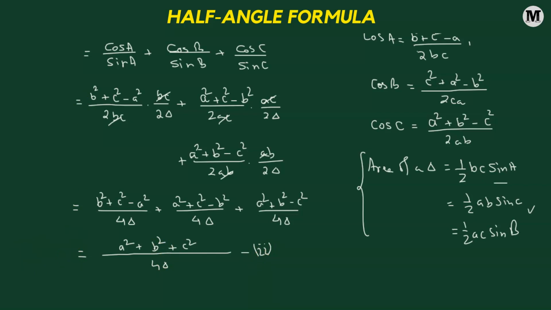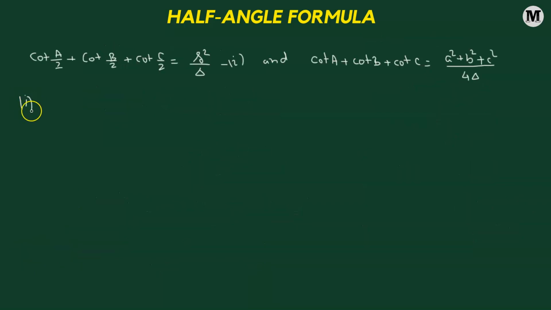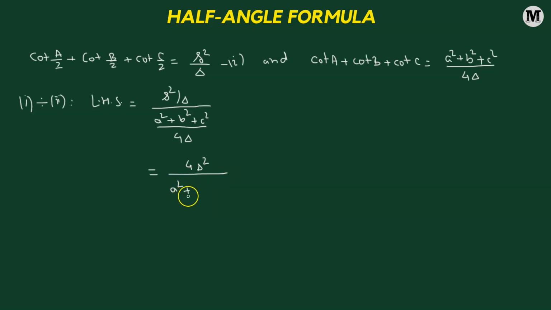Now what we'll do is divide 1 by 2. Let's divide 1 by 2, and this is going to give us the left hand side. On the left hand side, we now have (s squared over delta) divided by (a squared plus b squared plus c squared) over 4 delta. This will be equal to 4 times s squared divided by a squared plus b squared plus c squared.